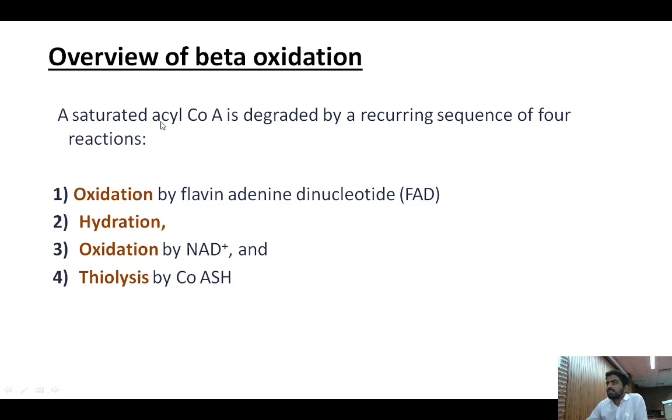So first is activation into acyl coenzyme A, then second is oxidation with the help of FAD. Then hydration. Hydration means a water molecule will be added. Then oxidation by NAD plus. Then thiolysis. So basically a total of 5 steps are happening, but suppose a fatty acid has a 16 carbon chain, right?